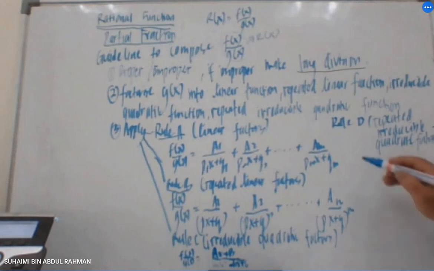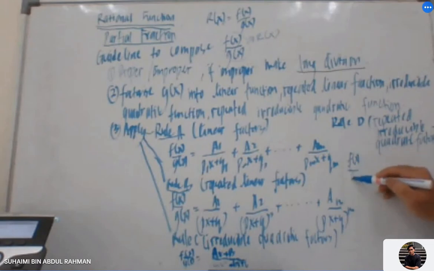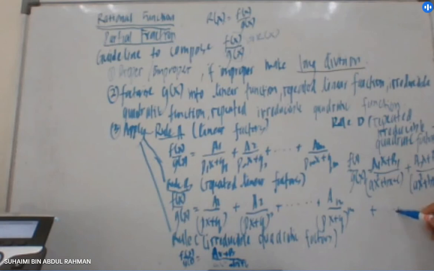So f(x) over g(x) can be written as a1x plus b1 over ax squared plus bx plus c, plus a2x plus b2 over (ax squared plus bx plus c) squared, plus until amx plus bm over (ax squared plus bx plus c) to the power of m.